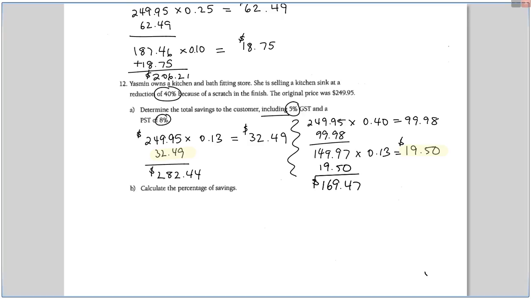Alright, so to determine the total savings, you're going to have to take the regular price, subtract the discounted price, and this is of course after tax.